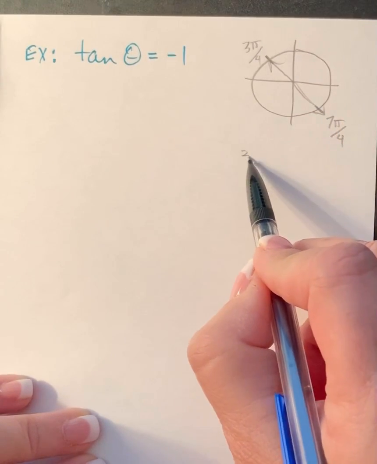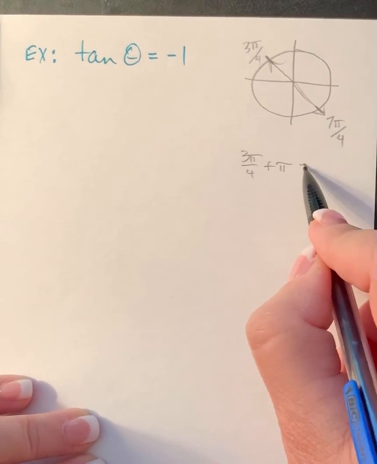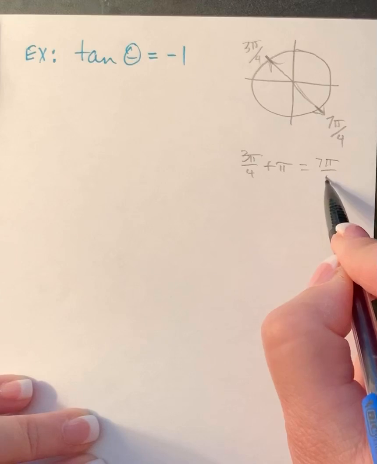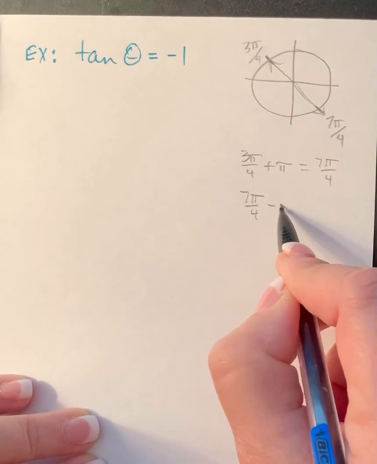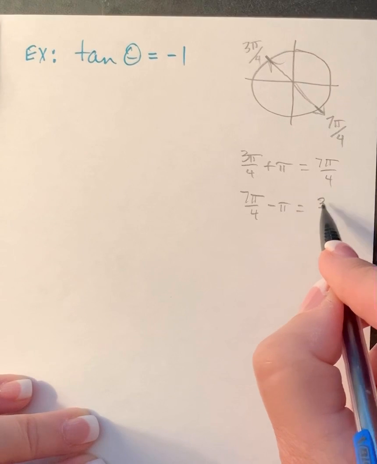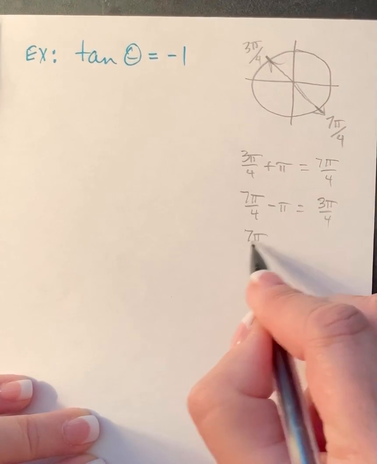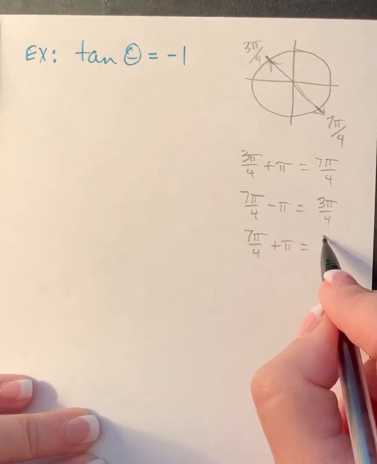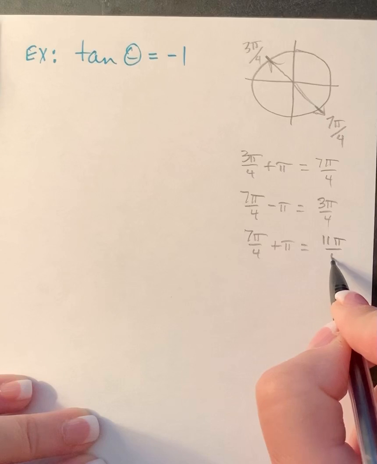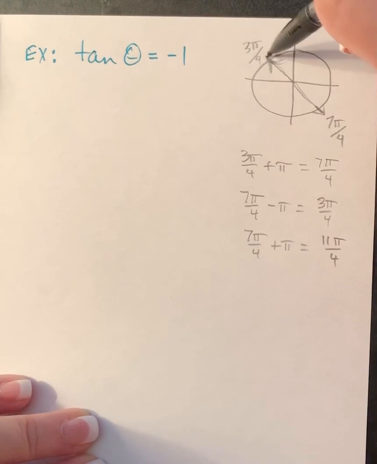If I take 3 pi over 4 and add pi to it, that works out to be 7 pi over 4. If I take 7 pi over 4 and subtract pi, then that's 3 pi over 4. If I take 7 pi over 4 and add pi, that is going to work out to be 11 pi over 4, which is coterminal with 3 pi over 4.